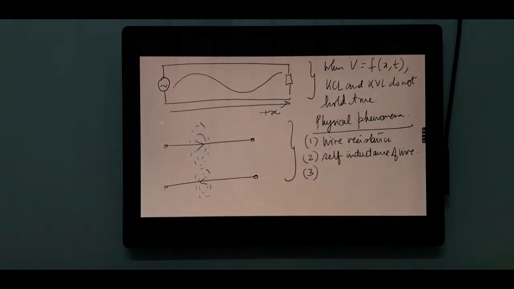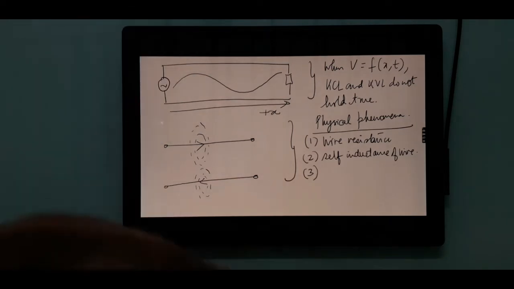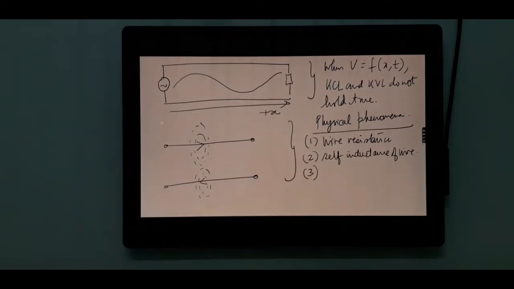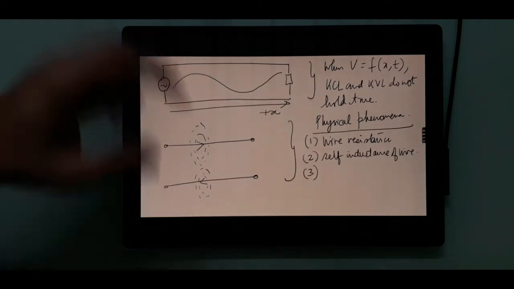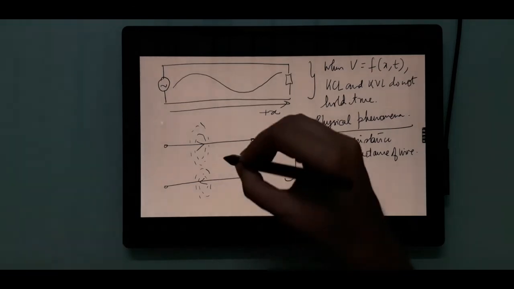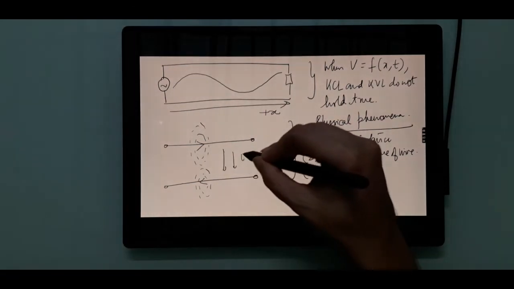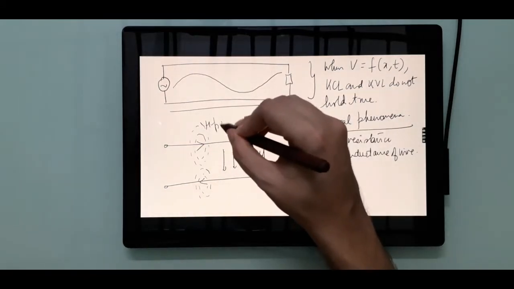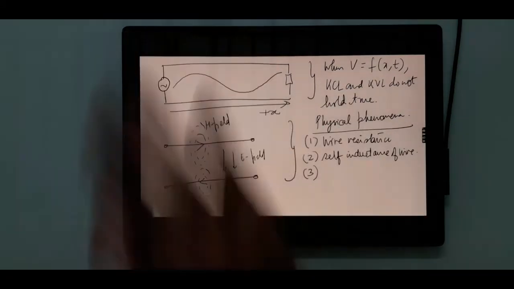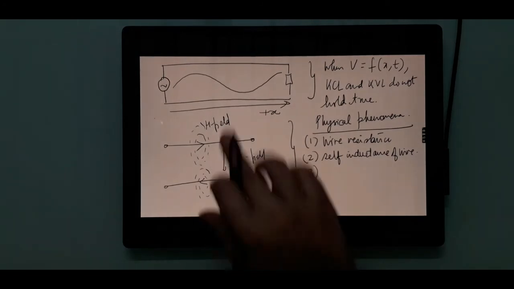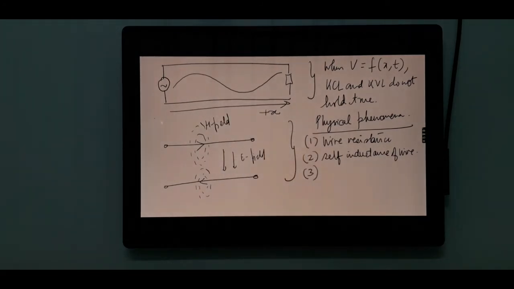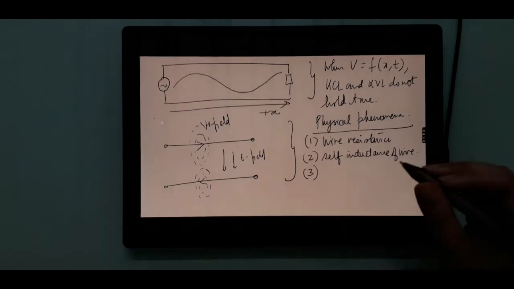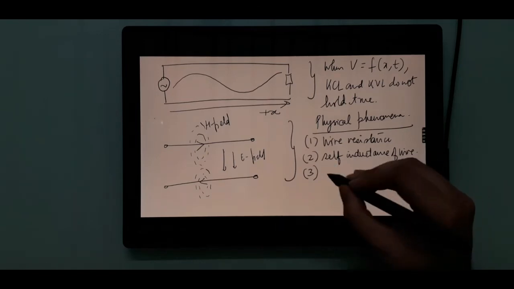Then because of charges at the two conductors which are in close proximity, you are definitely going to have some electric field between these two. If you remember, H is the symbol for magnetic field, E is the symbol for electric field. So if you have electric field between two conductors, what phenomenon is that called? That is called capacitance.